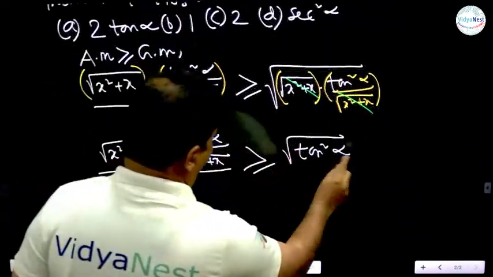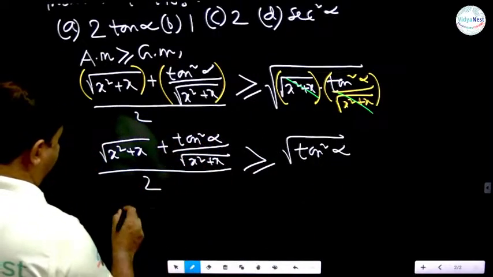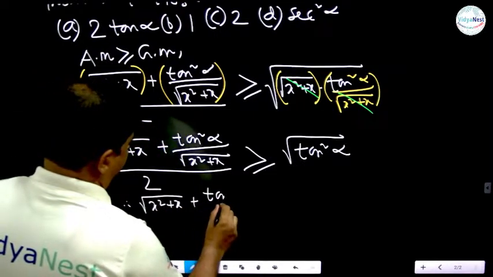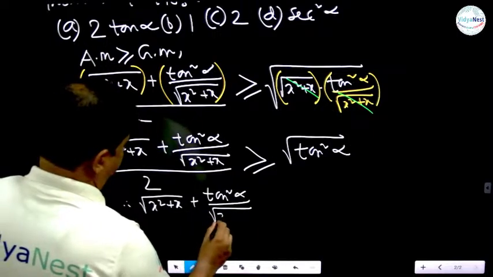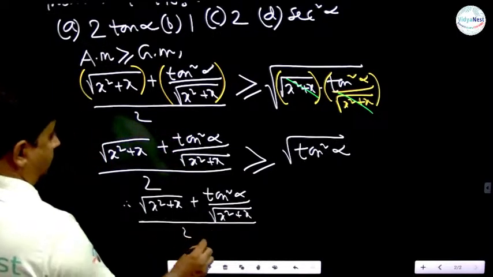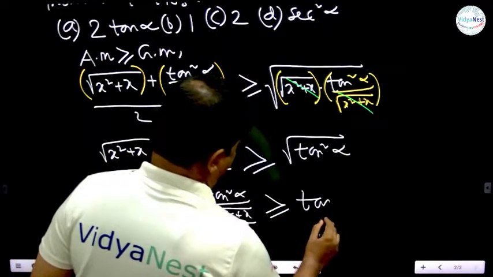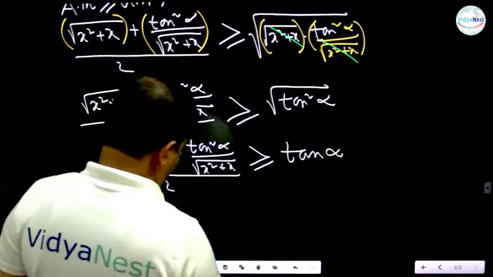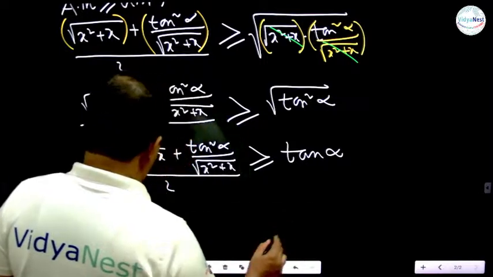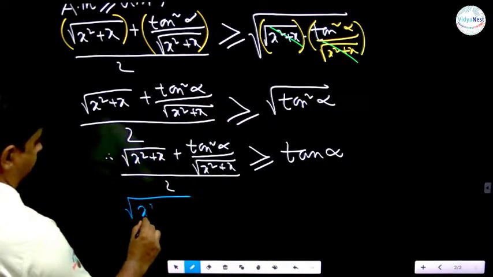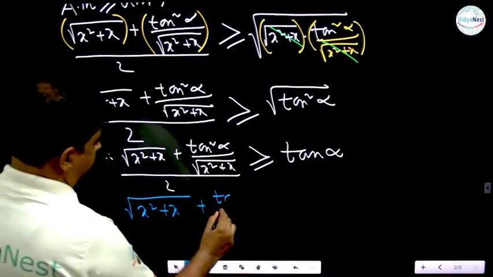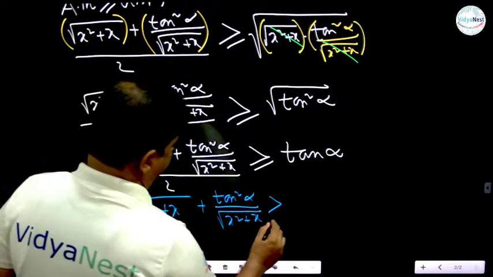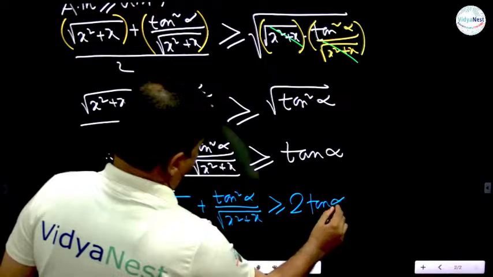So I will put directly tan alpha. So 2 tan alpha.